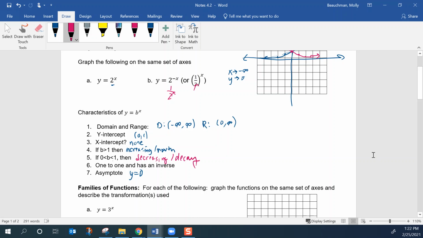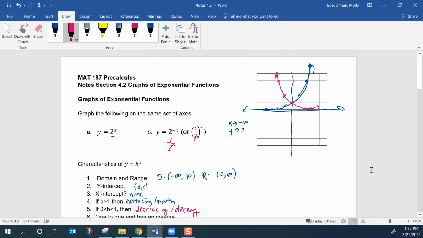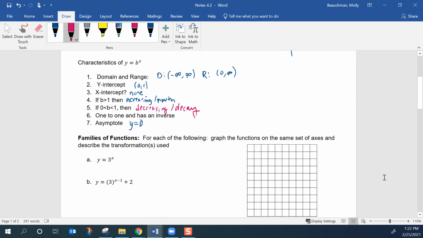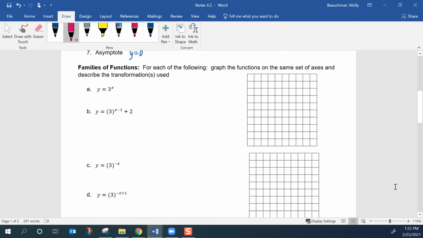So what we want to be able to do in this section is take a look at an exponential function, y is equal to b to the x, and graph using transformations. So our family of functions, in this case, y equals 3 to the power of x, is going to be our function that we're going to transform.